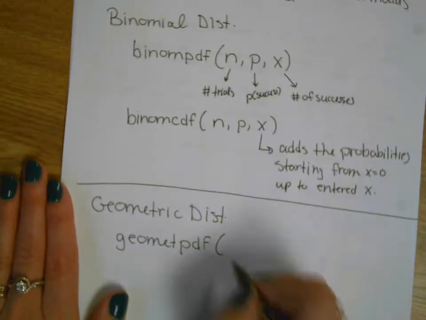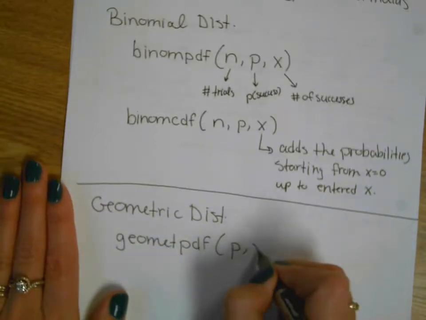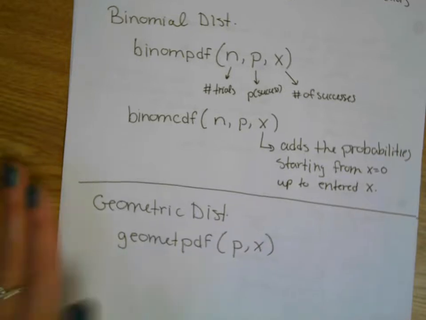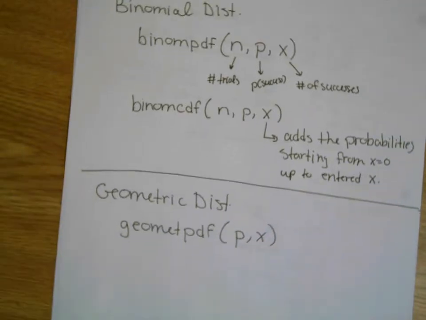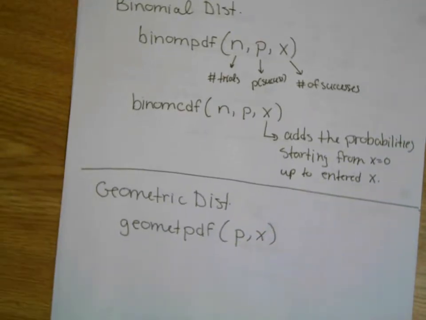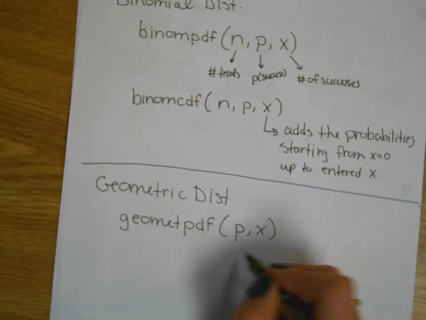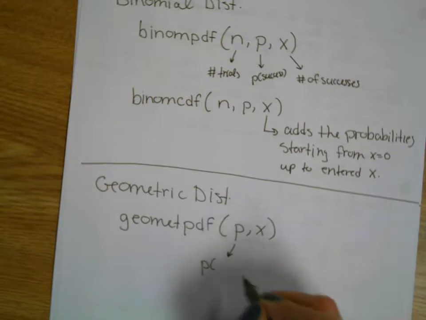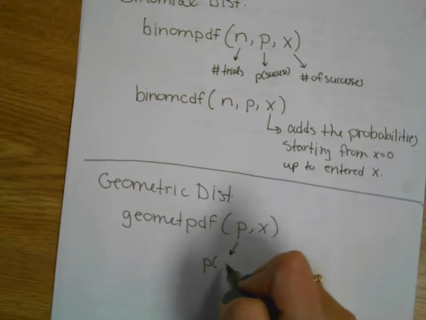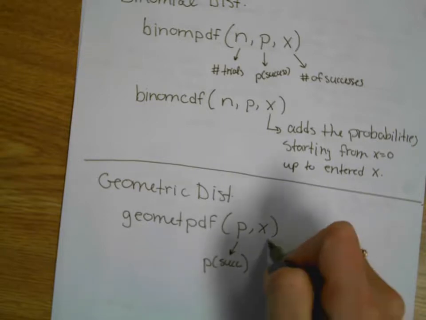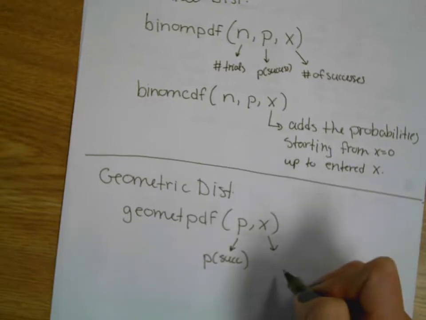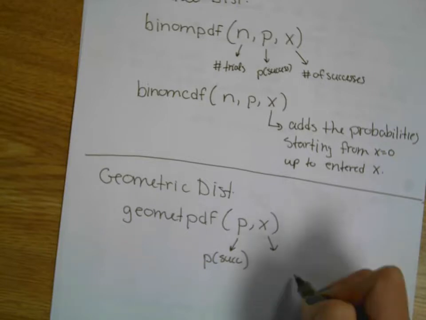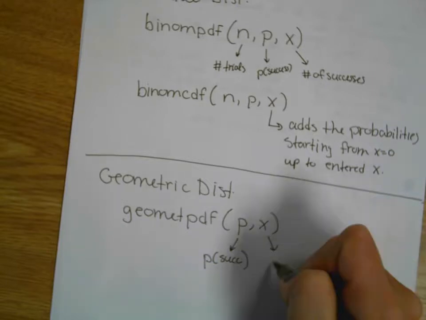And this just gets fed P and X. Probability of success, and then the trial number of the success. What does the DF stand for? Distribution function. Probability of success, and then X, remember, on the geometric is the trial number of the first success.